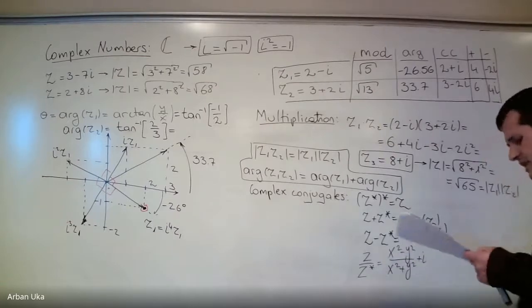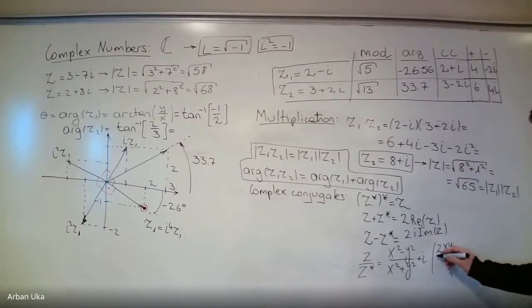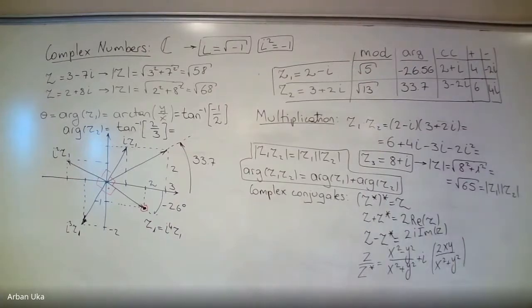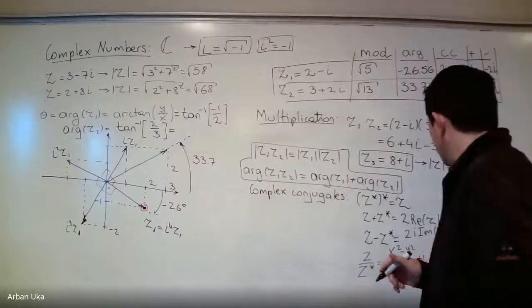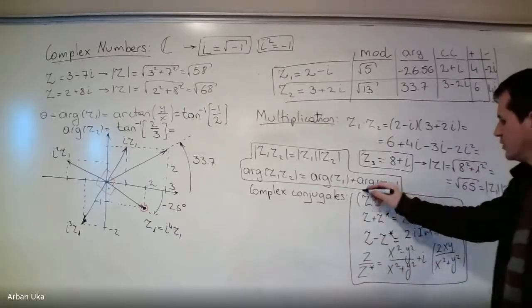Then here we have plus I, 2xi, divided by x squared plus y squared. Now, these are some important properties that we should make use of.